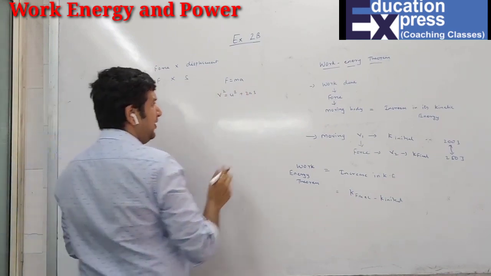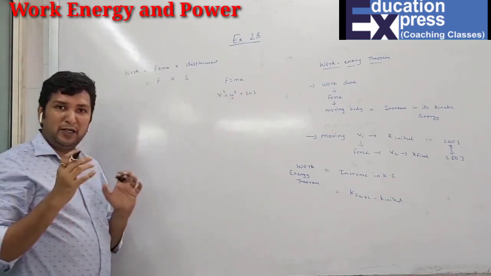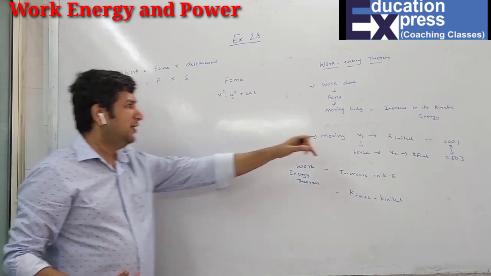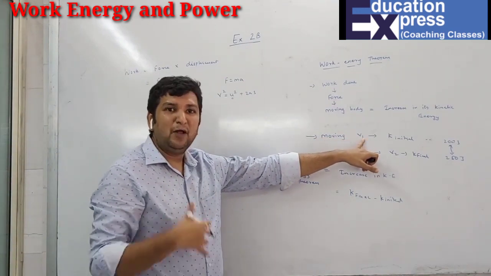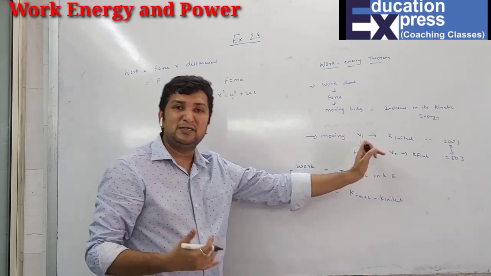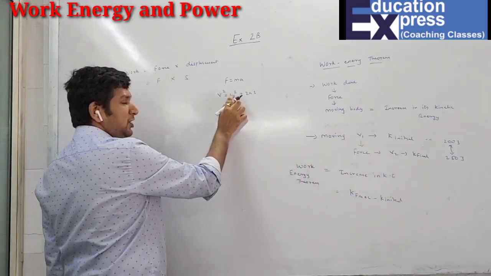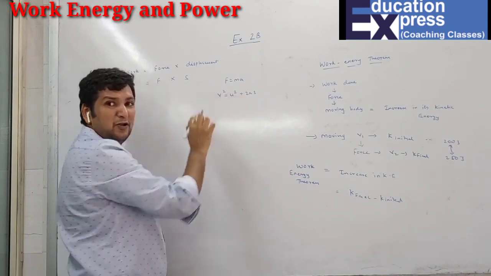Here the body was not at rest, it was moving with a certain velocity, and after applying the force the velocity increased. That means neither velocity is zero, so the body has both an initial velocity and a final velocity.